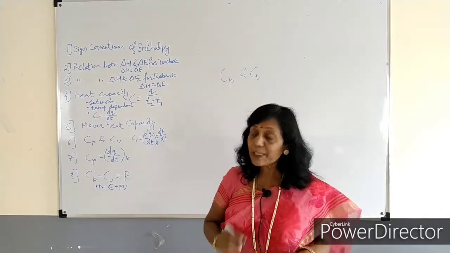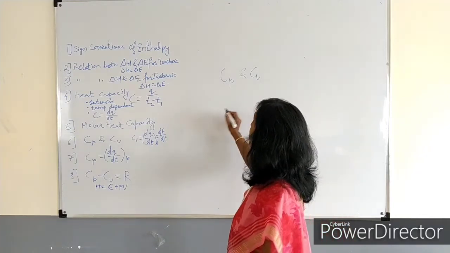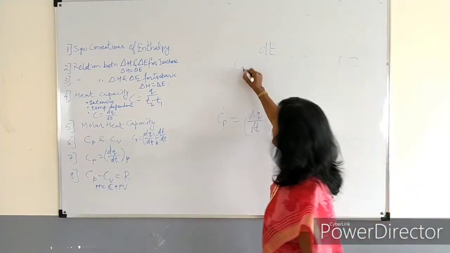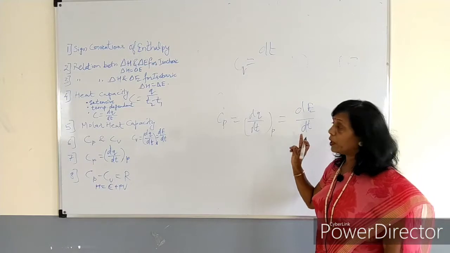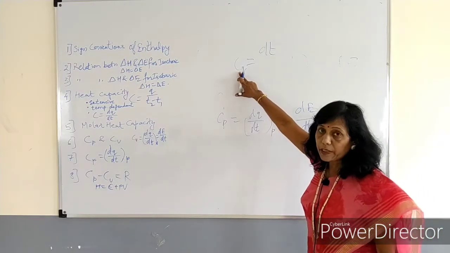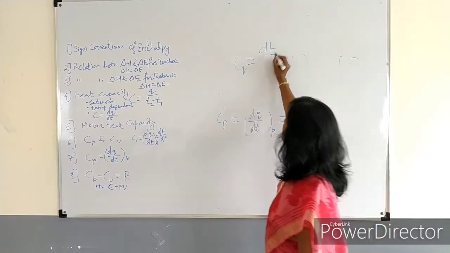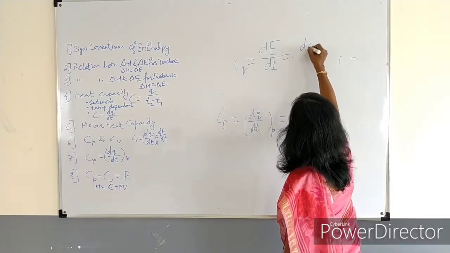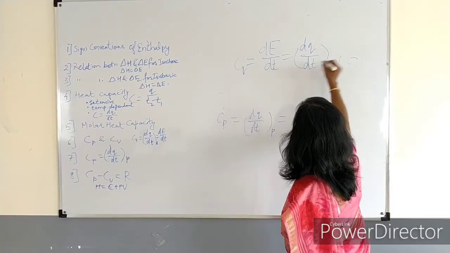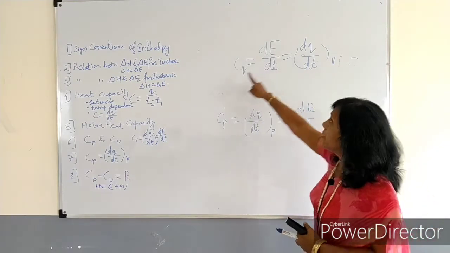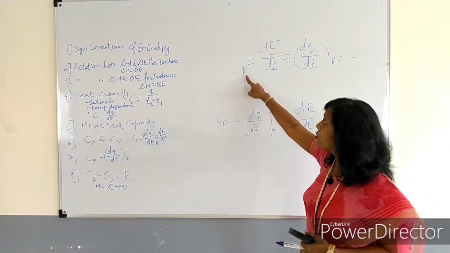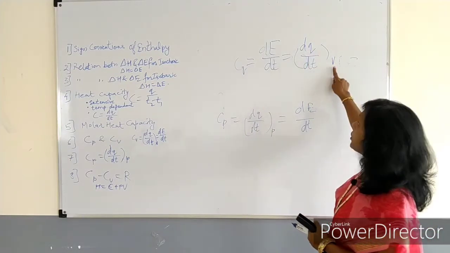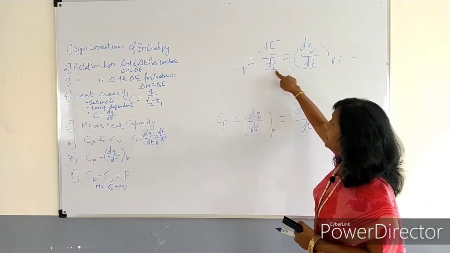Now how are they mathematically expressed? Cp is generally expressed as dq by dt at constant pressure, and that is equal to dH by dt. Cv is the heat capacity at constant volume. Cv is equal to dq by dt at constant volume, and that is dE by dt, right?